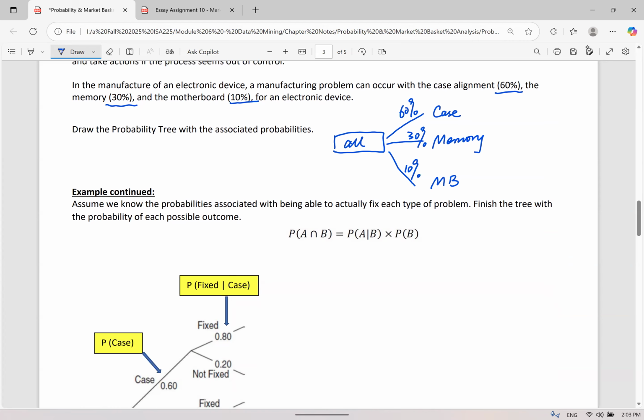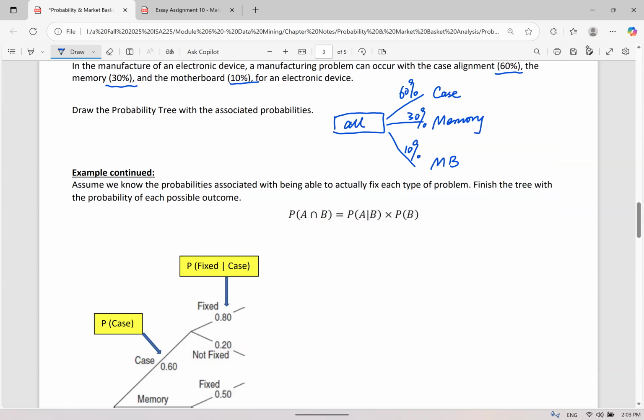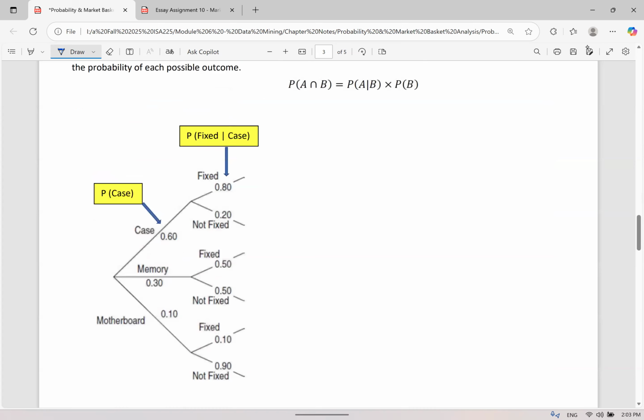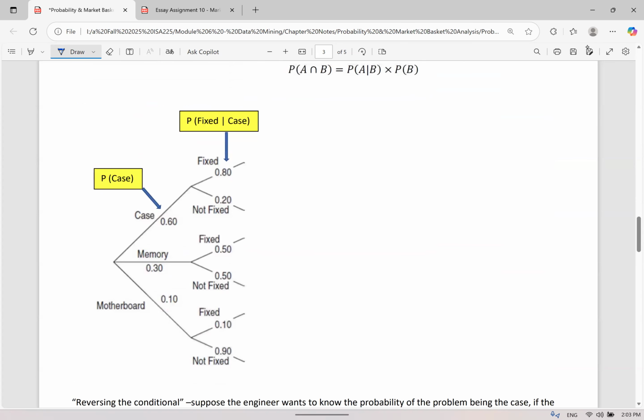Now we have all three problems, and we want to go further and talk about each kind of probability. We have all the defects, divided into three kinds: case, memory, and motherboard.